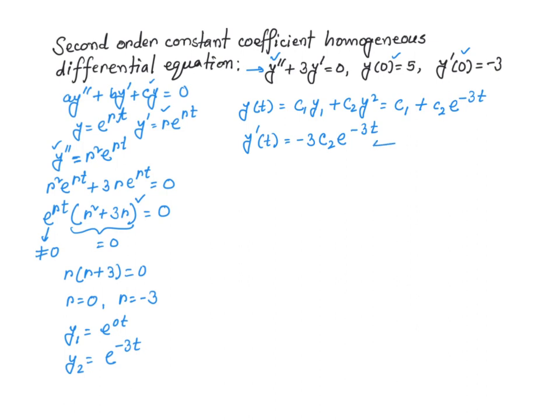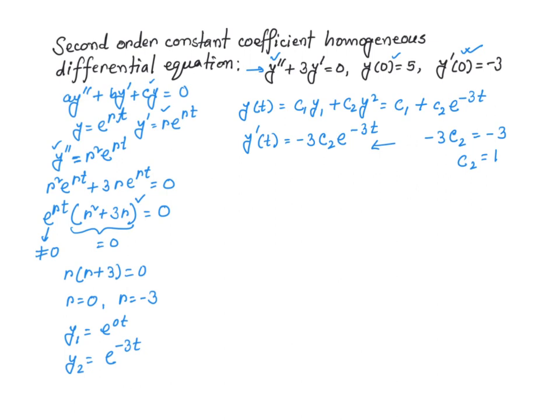The second condition is going to give me nothing but negative 3 c2. So I'm applying this, it is equal to negative 3, or c2 is equal to 1. Okay. So my c2 is 1.